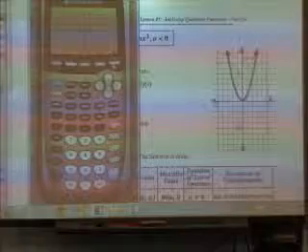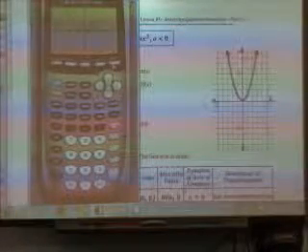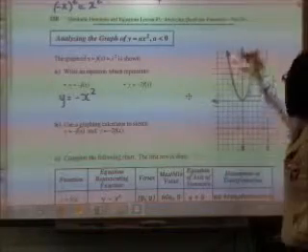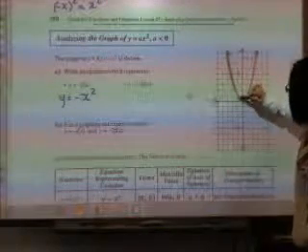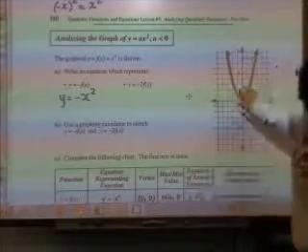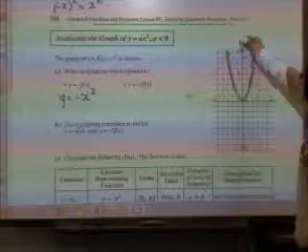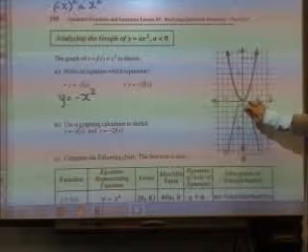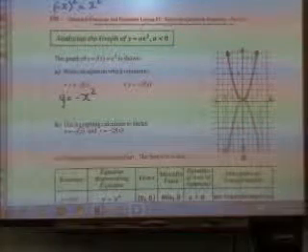Oh, there it goes. So it's the exact same shape as this graph is right here. It's just opening down.